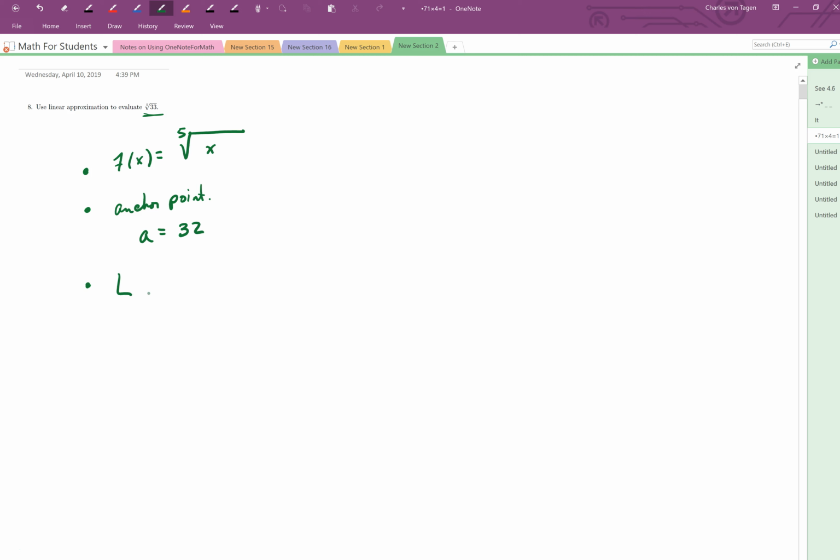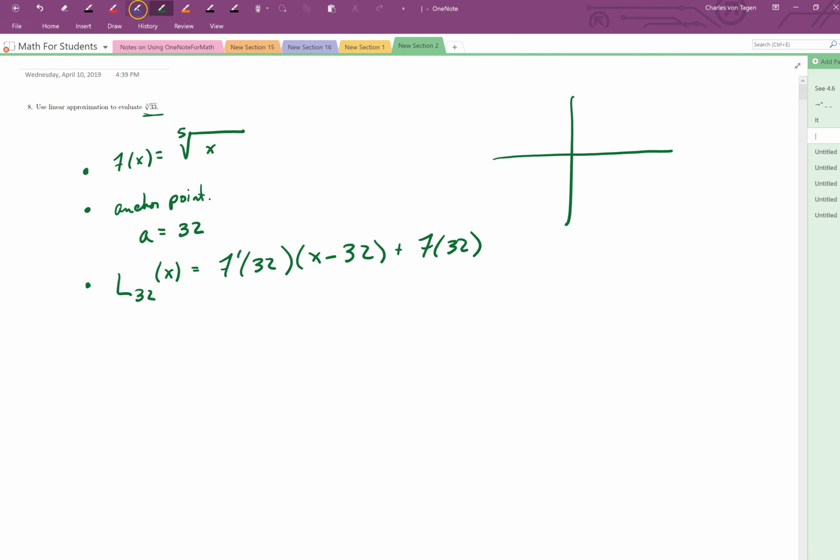So then we're going to find the linearization about 32. So this is equal to f prime of 32 times x minus 32 plus f of 32. All the linearization is, is the tangent line of the curve that's anchored at 32. I'm not entirely sure what this fifth root curve looks like.